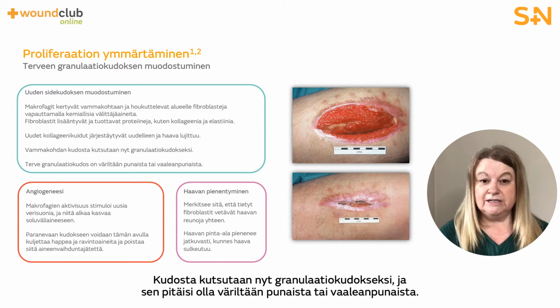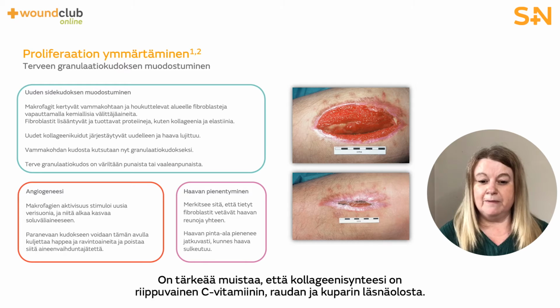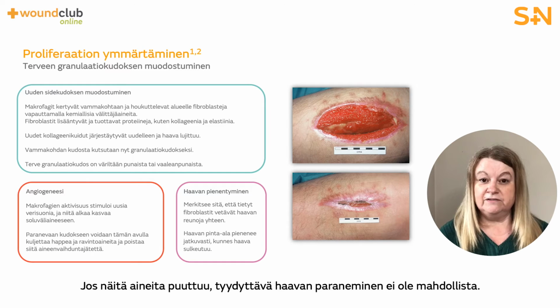The tissue is now referred to as granulation tissue and should be red to pink in appearance. It is important to remember that collagen synthesis is dependent on the presence of vitamin C, iron and copper. If there is a deficiency of these substances, satisfactory wound healing is not possible.